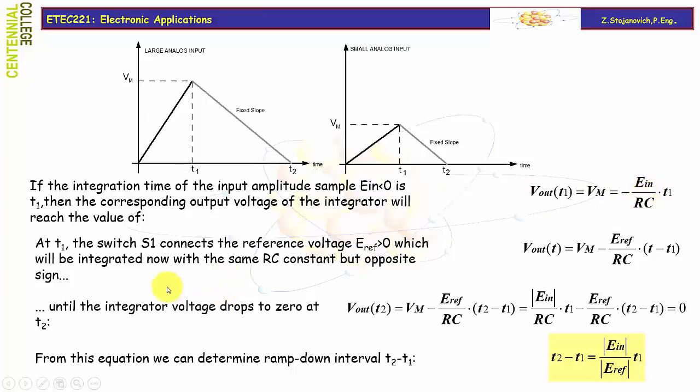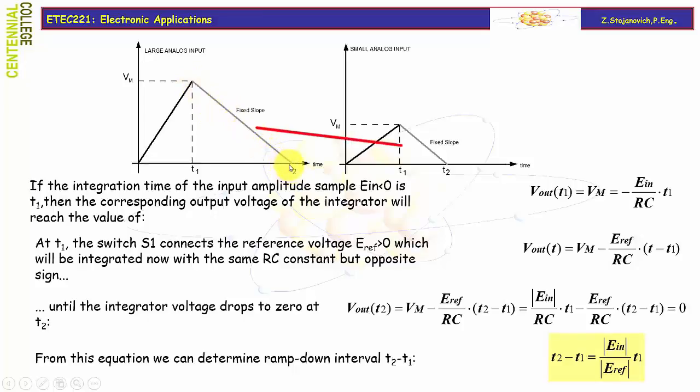At the moment T1, the switch S1 connects to the reference voltage EREF, which has the opposite sign of the sample polarity. Now this EREF will be integrated with the same RC constant because we didn't change any component in the circuit, but it will have the opposite sign because EREF is positive. So that means that we are going to ramp down.